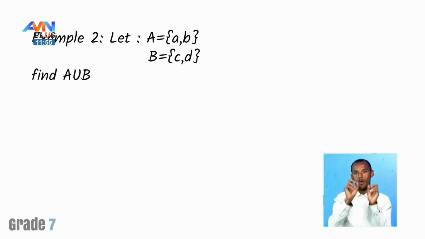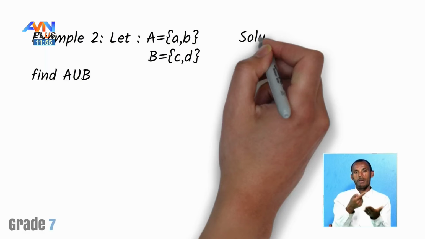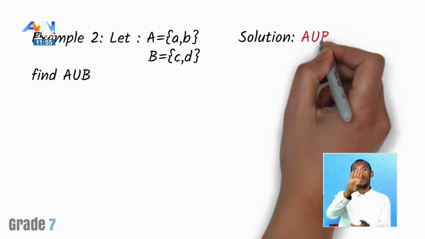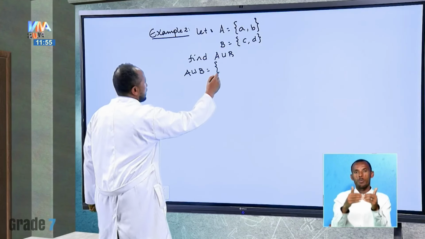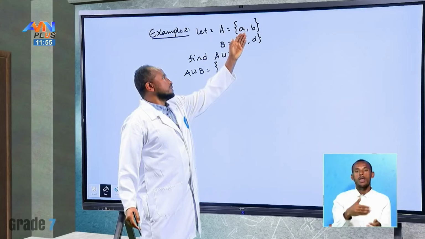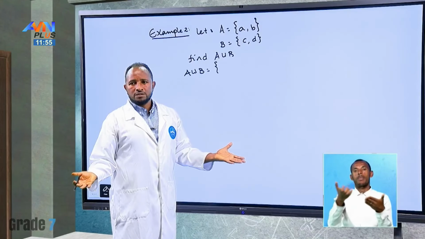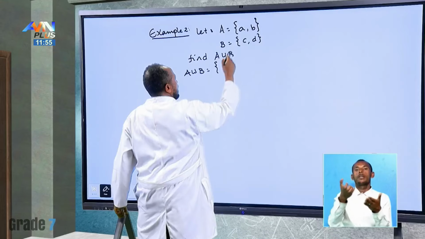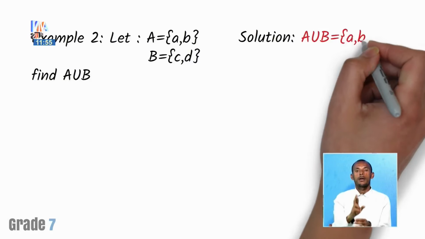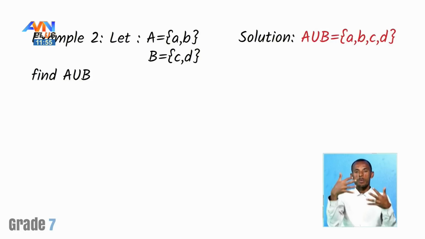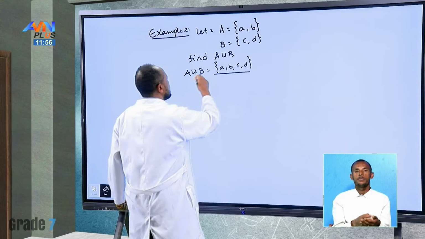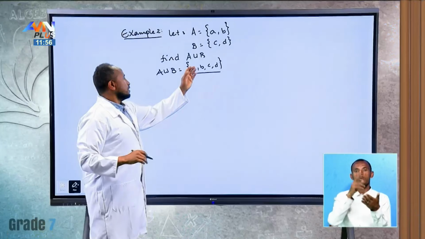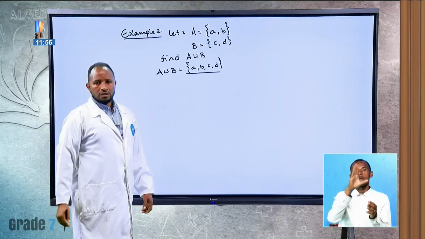A union B equals, simply, you mix the two sets together. The elements in set A are a and b, and you mix these with the elements of B. So the union of these two sets is a, b, c, and d.